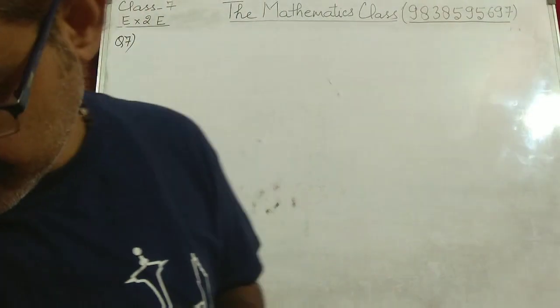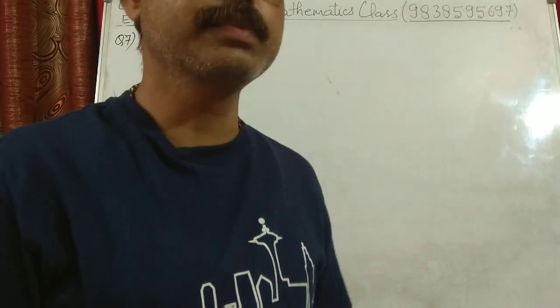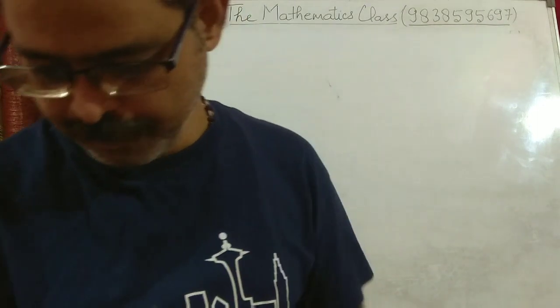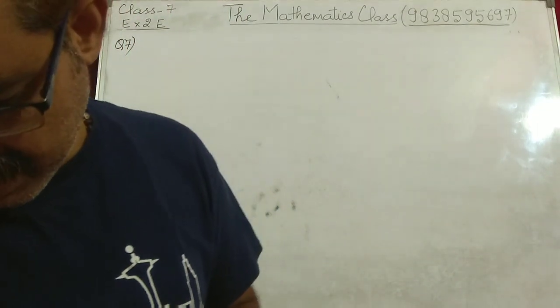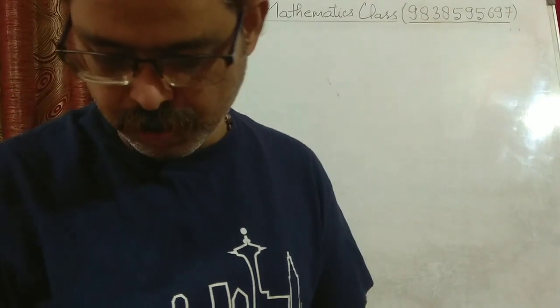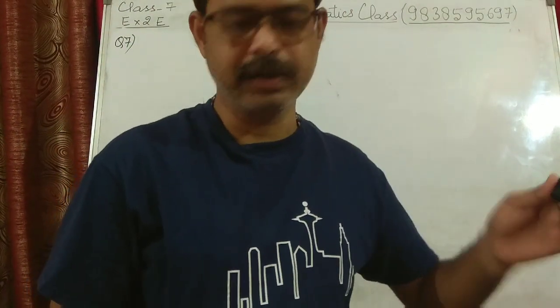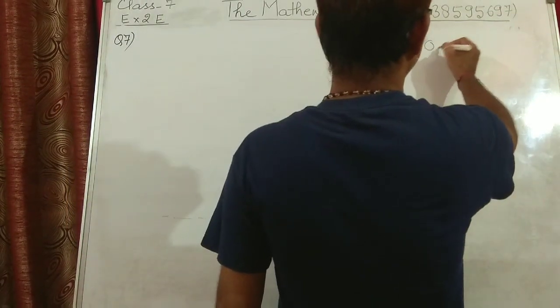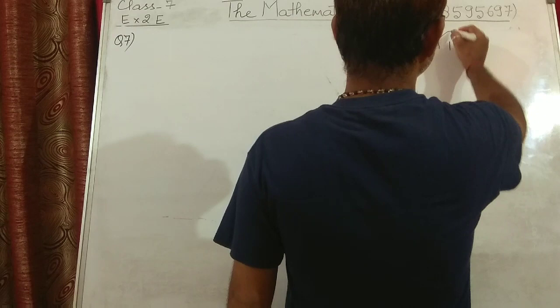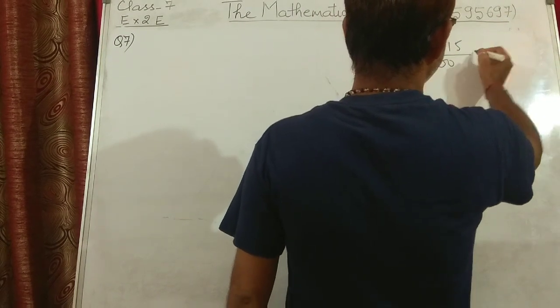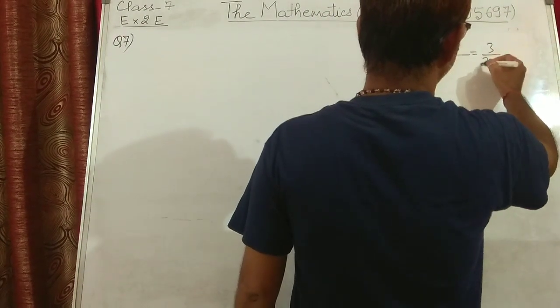Write the first 3 fractions as decimals. You will simply divide and you can write it in decimal. So we are leaving this as well as the 6th question. Write the decimal as a fraction or mixed number. Suppose I take the first part, that is 0.15. So you remove the decimal, it will become 15 upon 100 and it will be 3 upon 20.